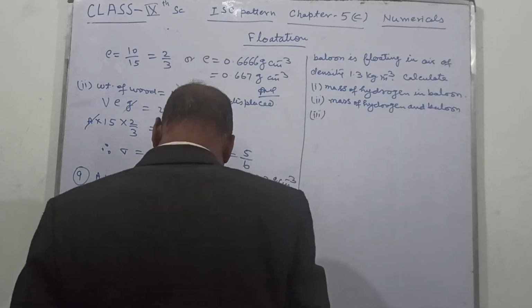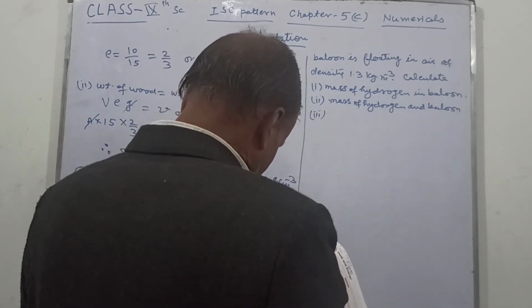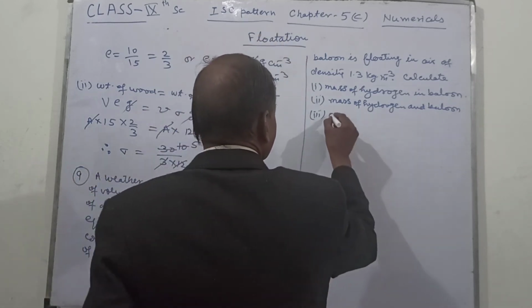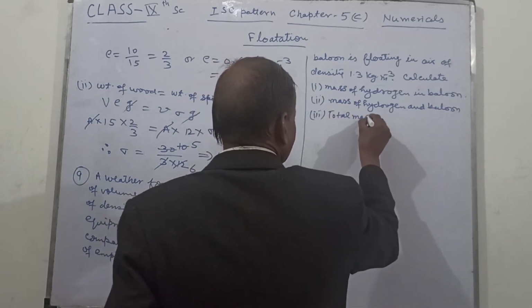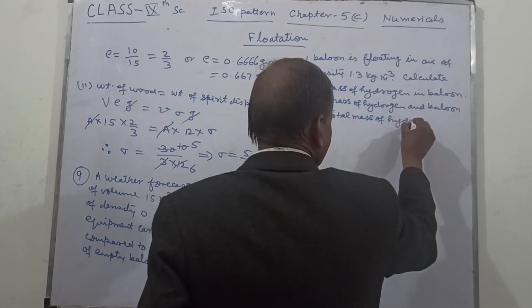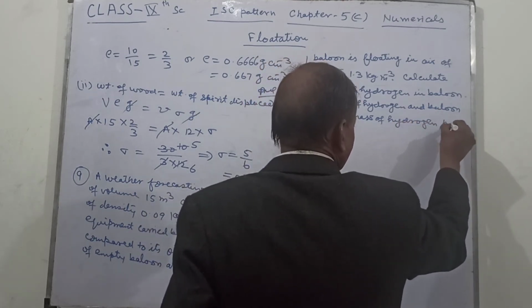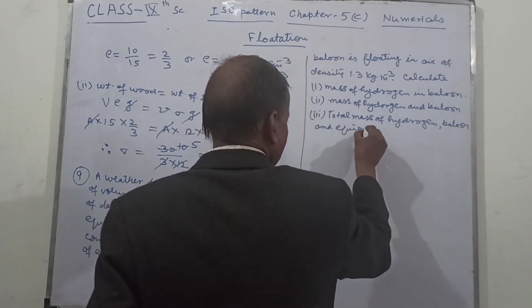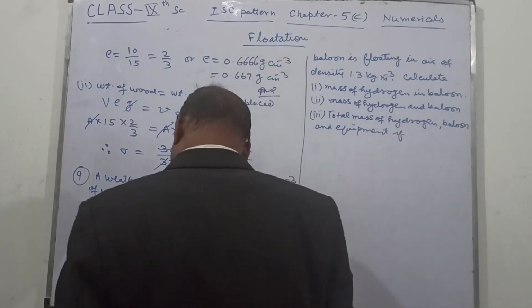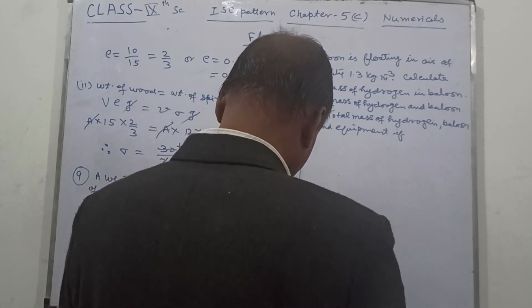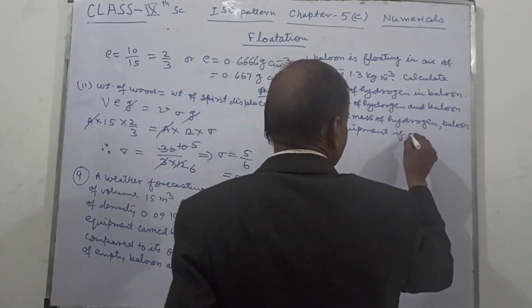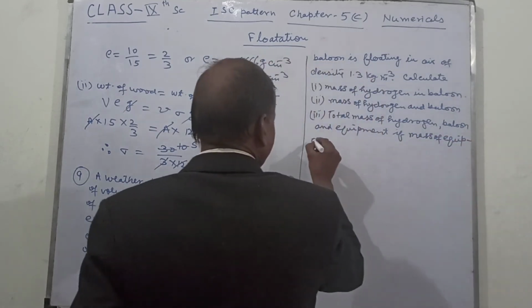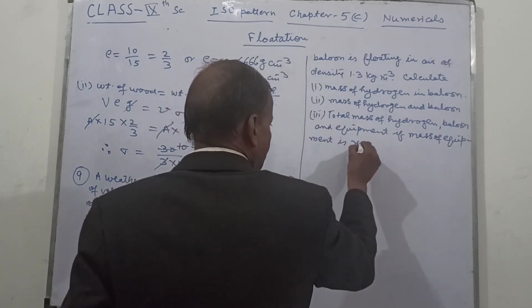Third, total mass of hydrogen balloon and equipment if mass of equipment is x kg.